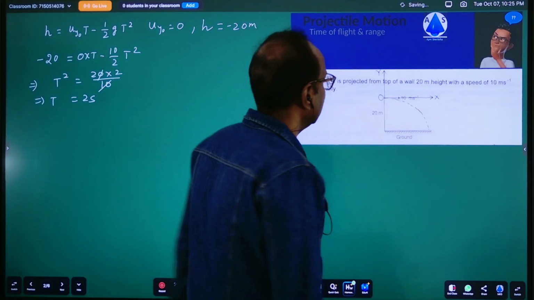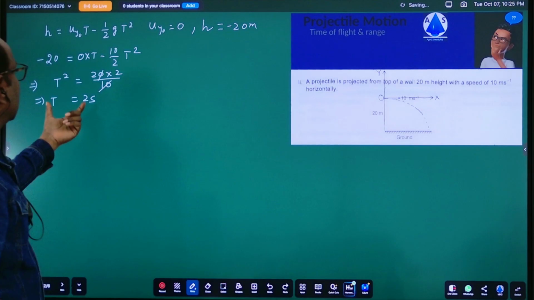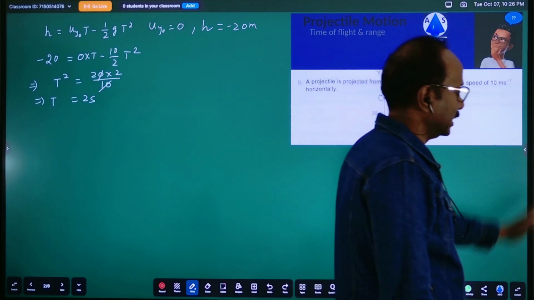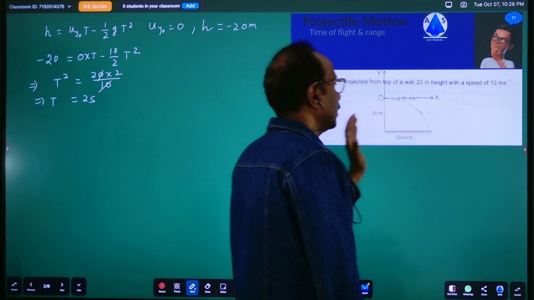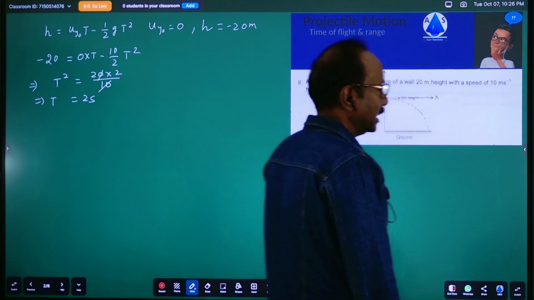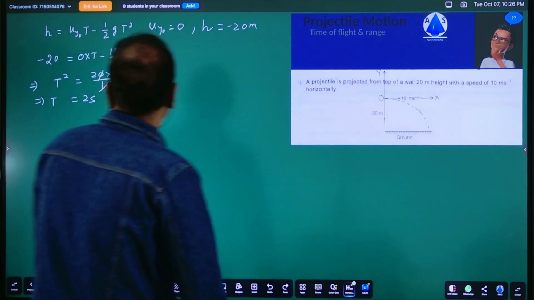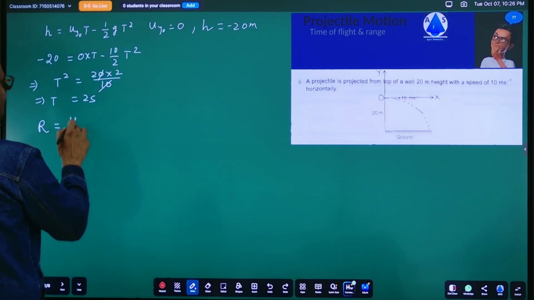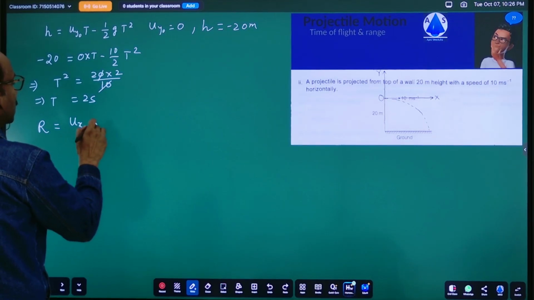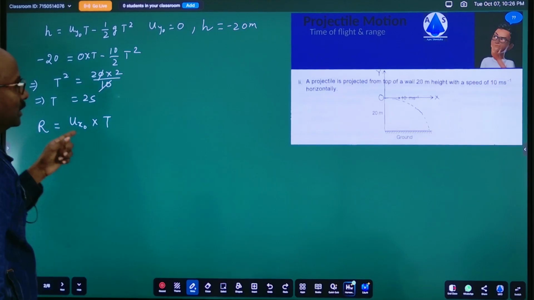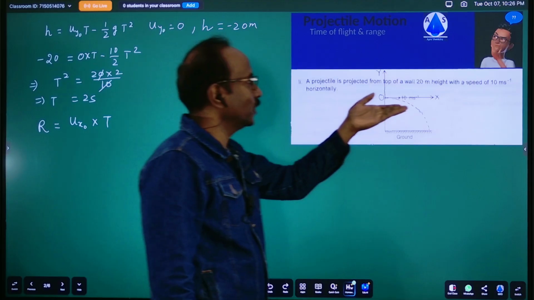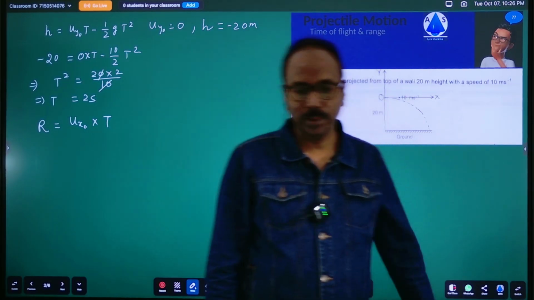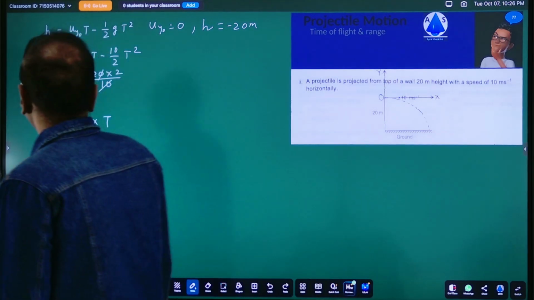And what about the range? During this time period, how much distance did it travel in the horizontal direction? Or what is the displacement of the particle in the horizontal direction? So simply you will get range as ux naught into t, because in the x direction there is no force, so the velocity will be constant throughout.